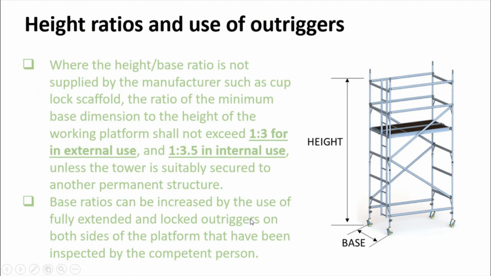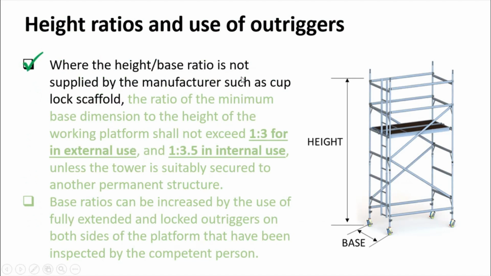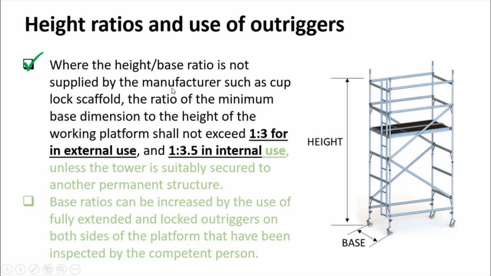Height ratios and use of outriggers. Where the height to base ratio is not supplied by manufacturers, such as Lock scaffold, the ratio of the minimum base dimension to the height of the working platform shall not exceed 1:3 for external use and 1:3.5 for internal use, unless the tower is suitably secured by other permanent structures. For example, on the scaffolding in the picture on the right, you have the base here and the height.